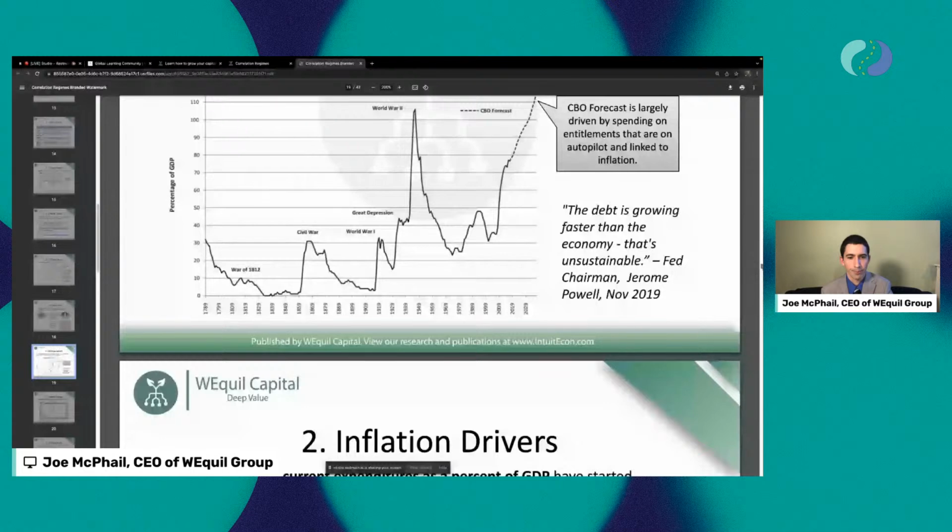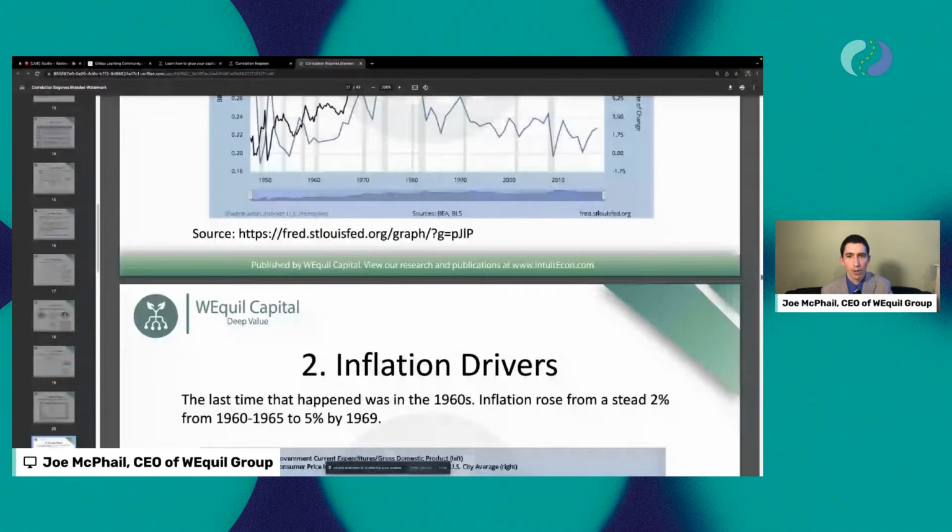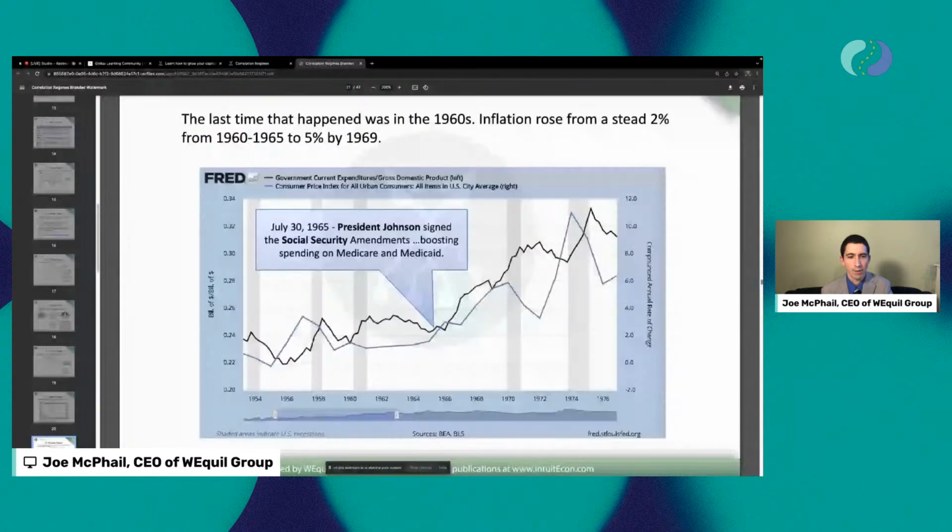Oh, this is interesting. Let's go ahead and take a look at this. The 1965 to 1980 period is broadly known as the Great Inflation. We spent an awful lot of time trying to understand what was happening during this period.